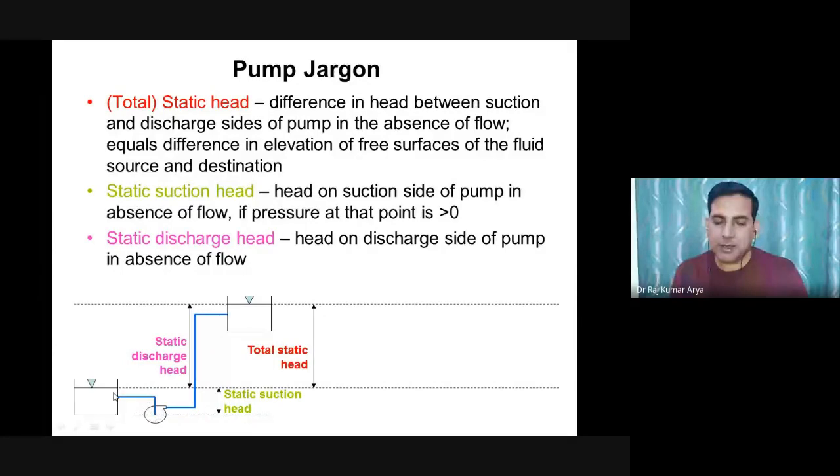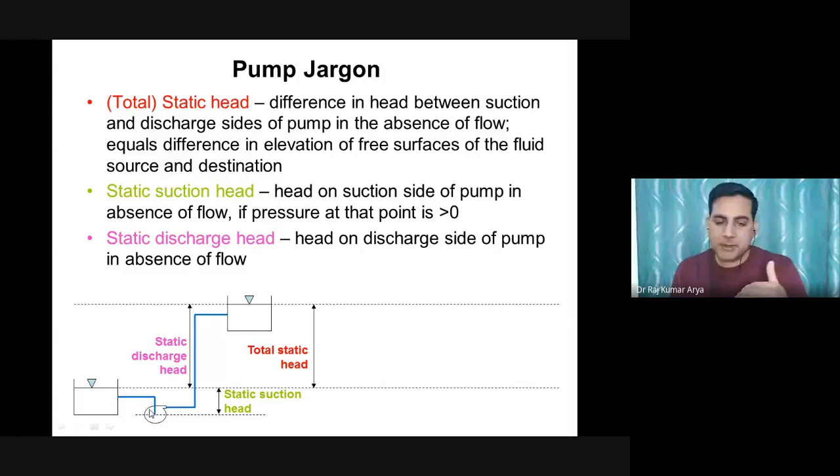And in this case, the fluid in the pipeline would be available up to the level of the fluid inside the tank. This much static pressure is always available at the pump. That pressure divided by rho g is called static suction head. So that is always available for this particular pump actually.